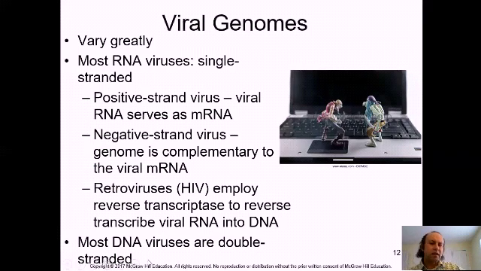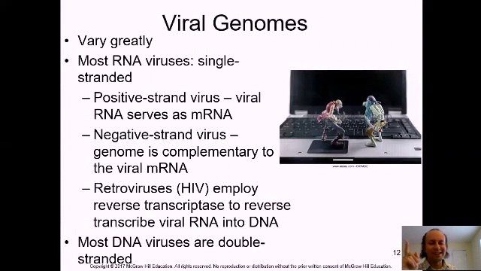But here, the RNA viruses are divided in this way. The positive strand virus has a viral RNA that serves as a messenger RNA. That's what this is, Bio 2, because you're supposed to know the basics of Bio 1.